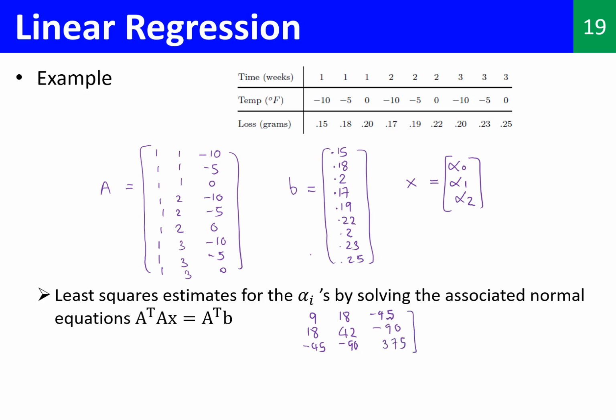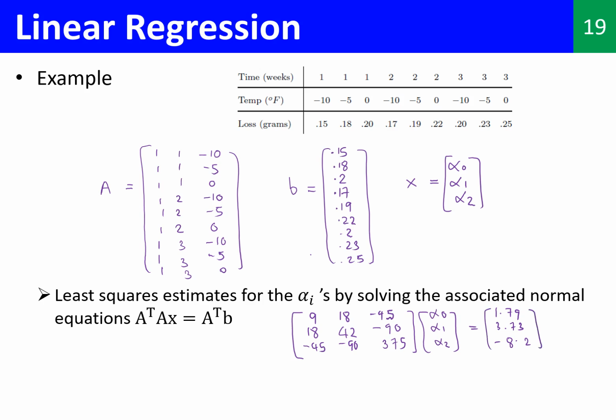So that is A transpose A times alpha naught, alpha 1, alpha 2, and that would be equal to A transpose B, which is 1.79, 3.73, minus 8.2.